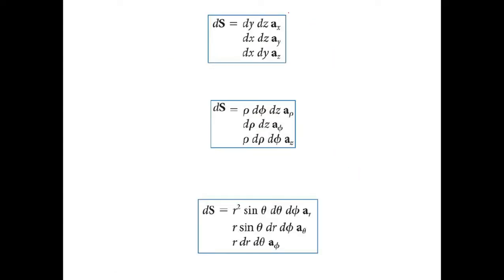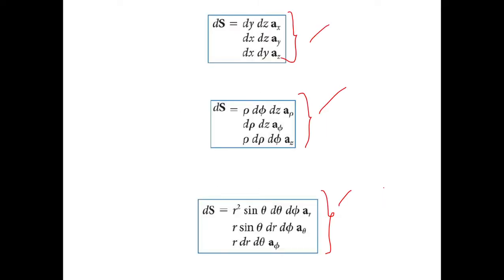And then we have the differential surface for all three: Cartesian, cylindrical and spherical, right? Now, I have not put the volume here, I think we are not using that, or you know the volume equations. It's easy, right?